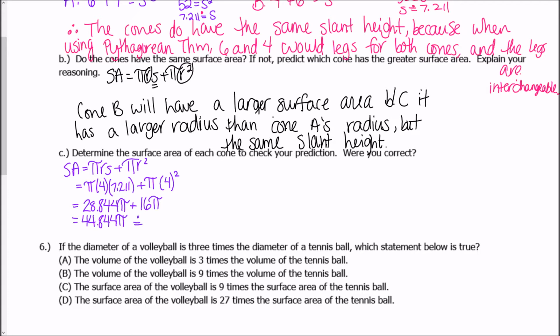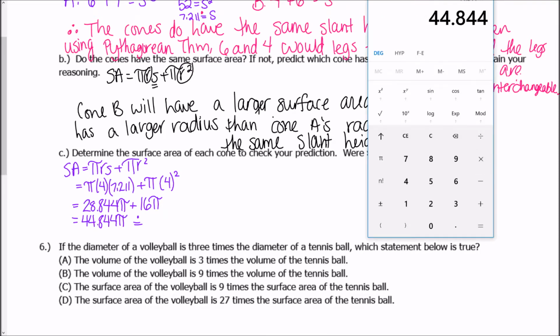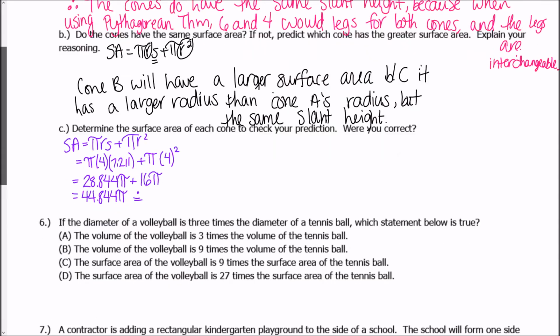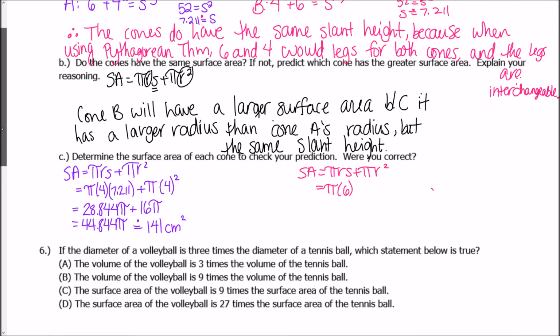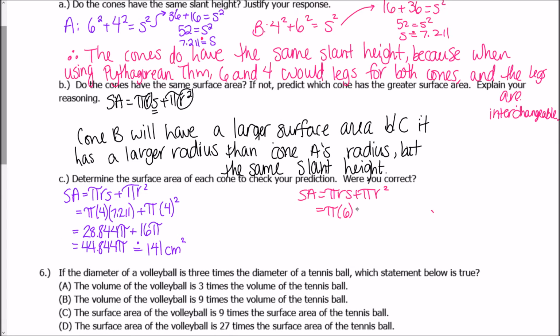which, when I multiply this by pi, is approximately 141 square centimeters. Okay, now let's do the same thing for cone B. So the surface area, again, is pi rs plus pi r squared, but this time our radius is going to be 6, but our slant height is still going to be 7.211.